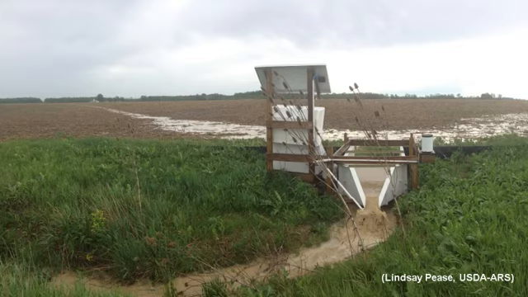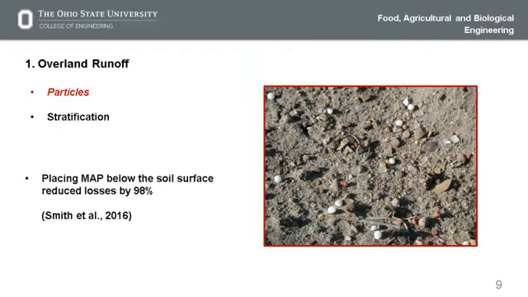So this is just a picture of the overland runoff. We can see it's more concentrated, and we're seeing that from the particles and also from the highly stratified soils. This is an image of particles sitting on the surface after a broadcast application. They also did some work with the USDA where they put MAP 1 centimeter below the soil surface.